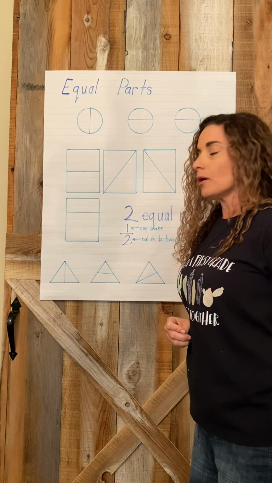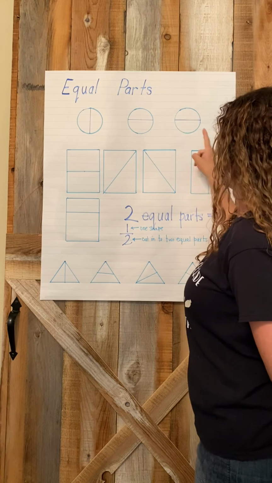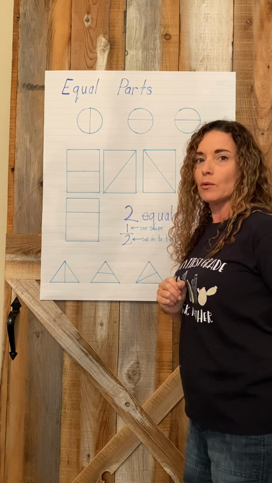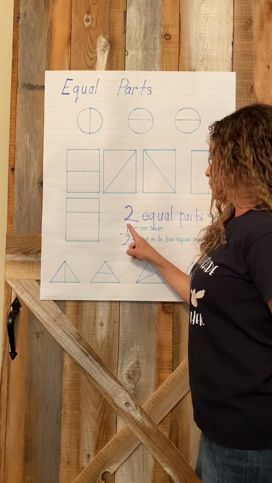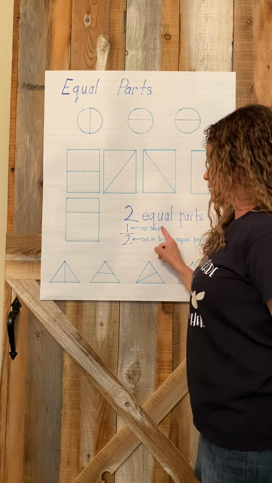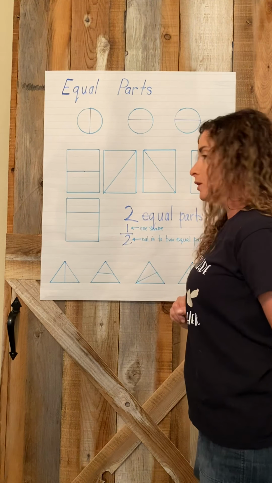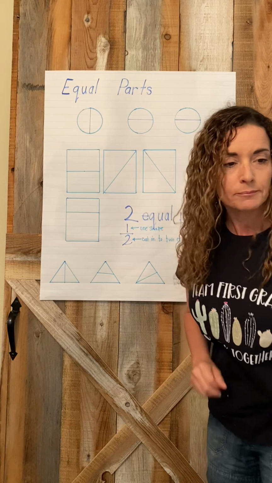So you see the bottom number means cut into 2 equal parts. It can't just be 2 parts. It has to be 2 equal parts. So this is 1/2 of a circle. This is 1/2 of a circle. This one is not equal. This is 1/2 of a circle, and this is 1/2 of a circle. And the way you write 1/2 is you put the 1 on top for one shape and the 2 on the bottom for 2 equal parts.